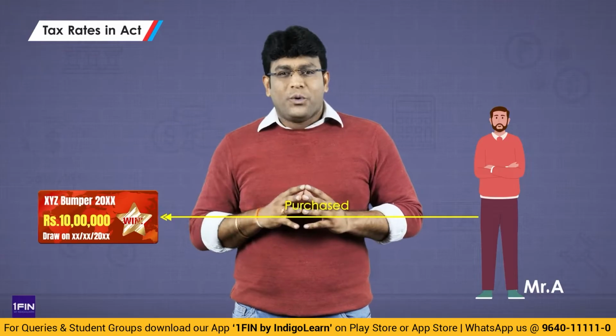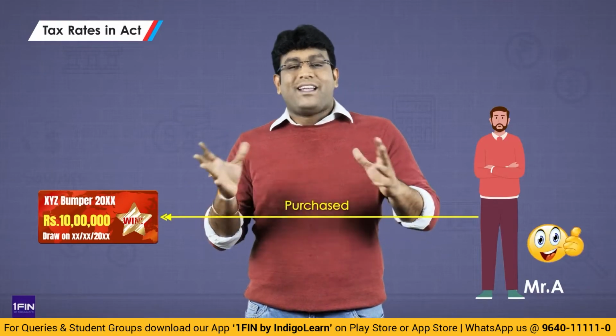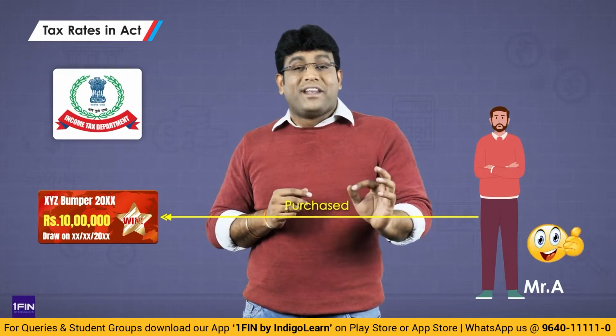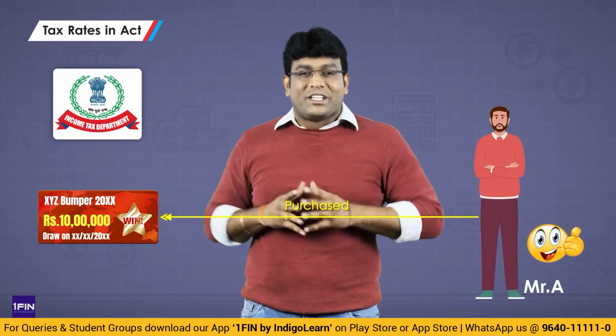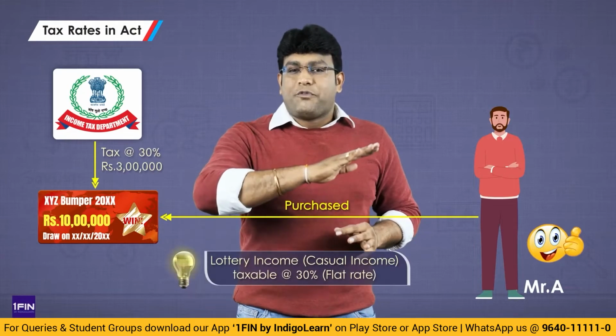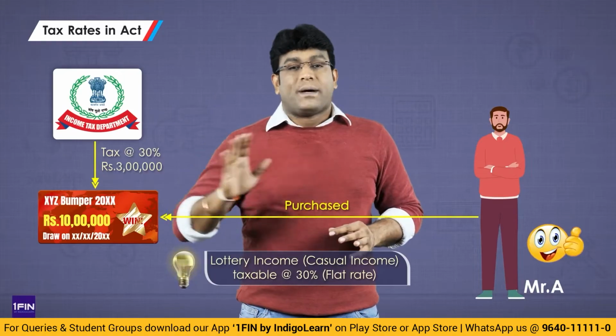Now first question to you, do you think he is happy? Definitely the answer is yes. But along with him, the Income Tax Department is also very happy that he got the lottery, because lottery incomes are taxable at a flat rate of 30%.